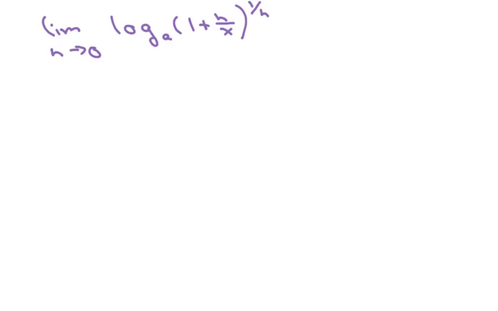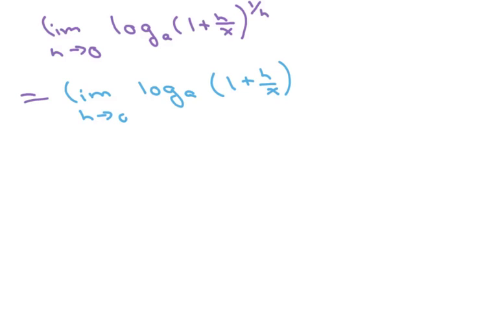Okay, then I'm going to rewrite this because I want it to look like that 1 over x like we did before. And we're going to have 1 plus h over x.